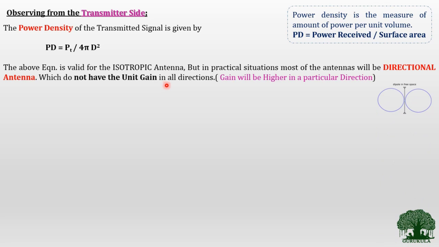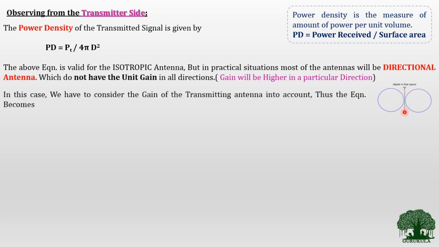This is the radiation pattern for a dipole antenna. You can see that the gain of this dipole antenna is maximum in these two directions, and the gain is very minimal or even zero in these other directions. So it is very important to consider the gain of the antenna when we are talking about directional antennas.